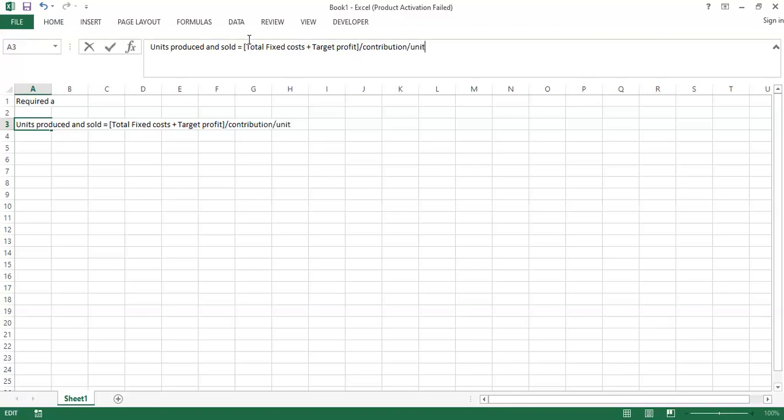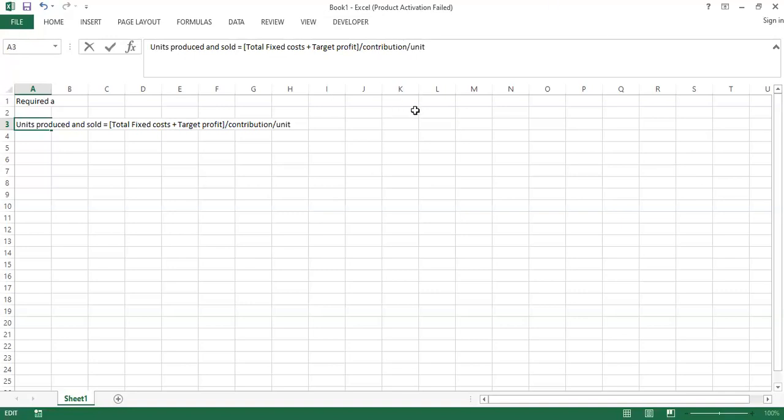So the answer that we need here is somewhere in the contribution per unit, because that's where we get our sales minus our total variable cost, and we specifically want the sales. So we do that by first getting the contribution per unit, and then we can use that contribution per unit to get to our sales.